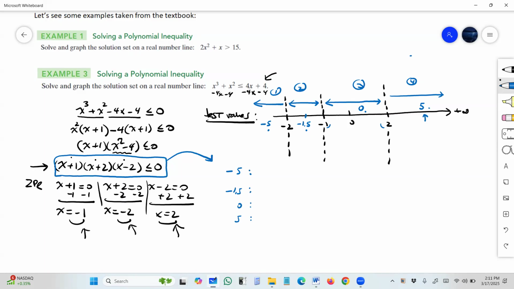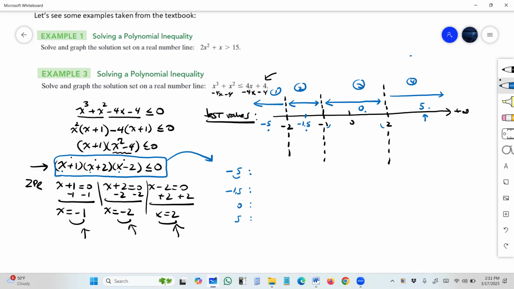I need to test all 4. So you're going to replace these values in the polynomial here, where you see the x. Now, keep in mind, again, I only need to know if each factor is positive or negative. I'm not interested in the numerical value. So this is the way I'm going to write it. This is a simplified notation from the previous problem.